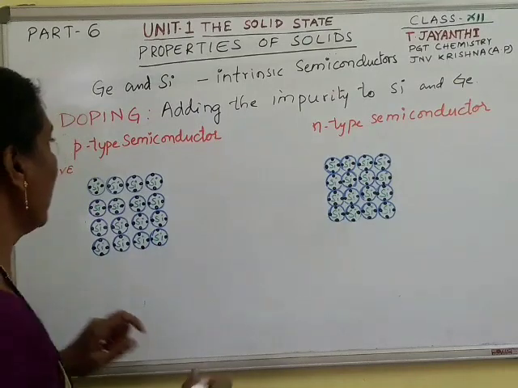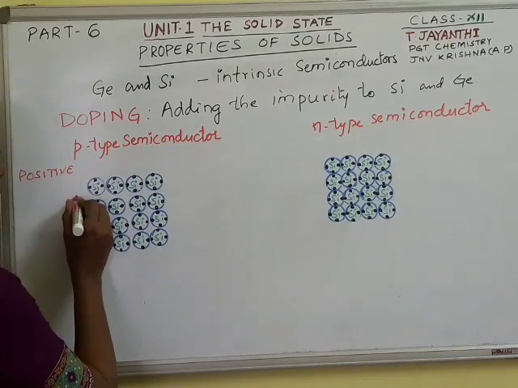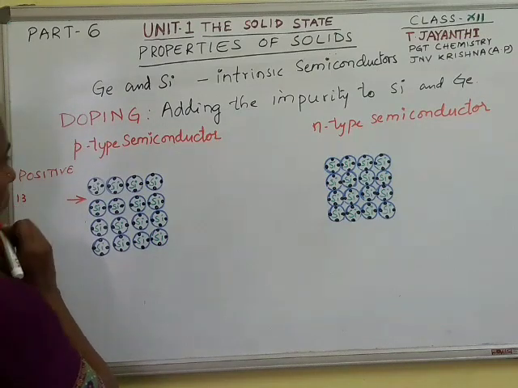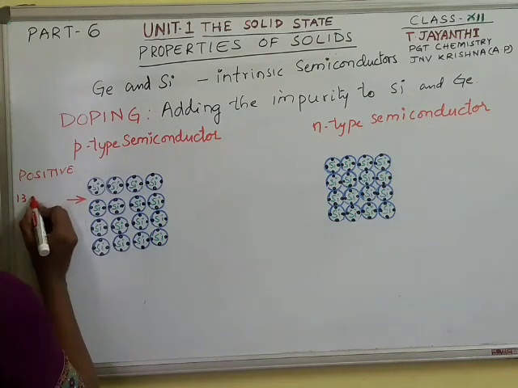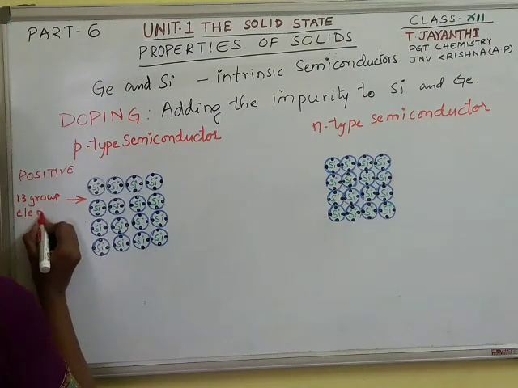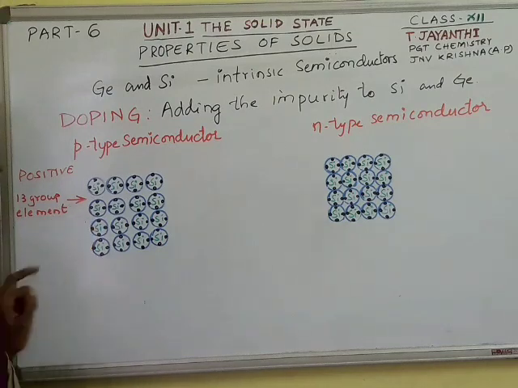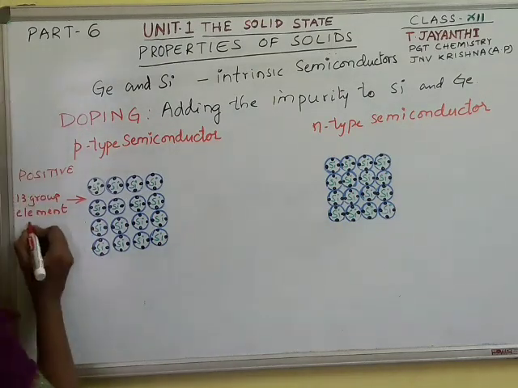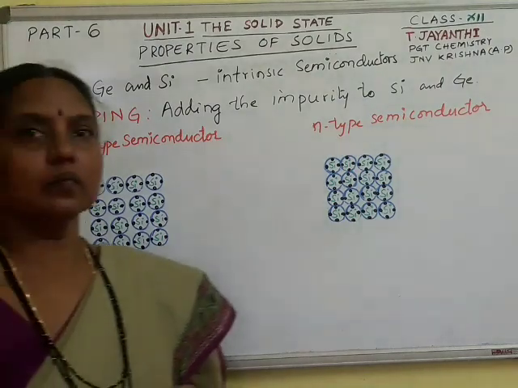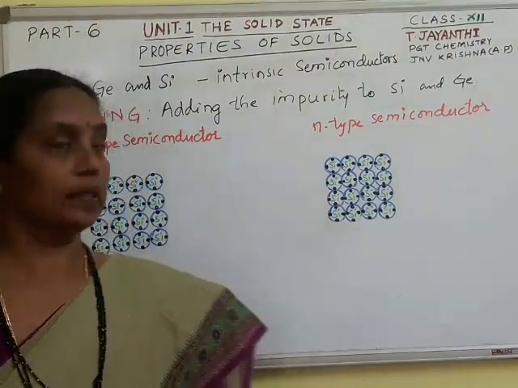So if you are adding a 13th group element, let us say aluminium. In aluminium, the valence electrons are only 3.